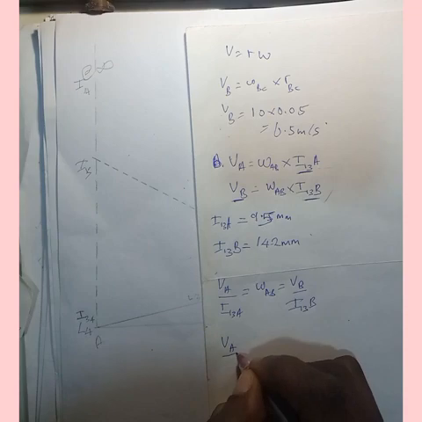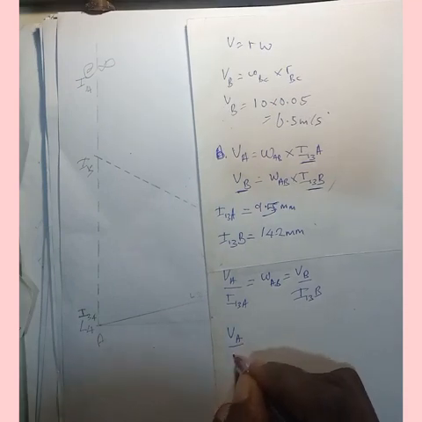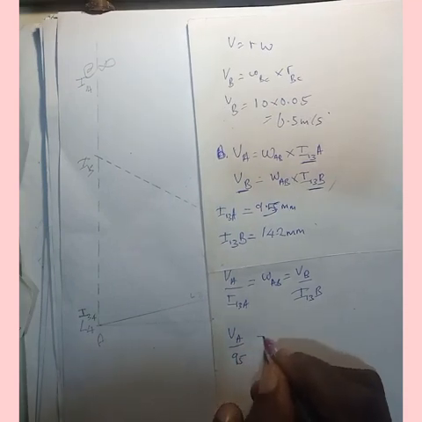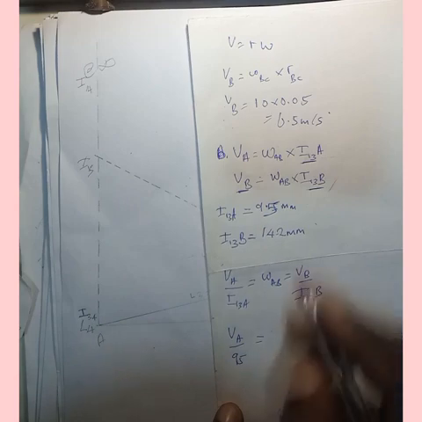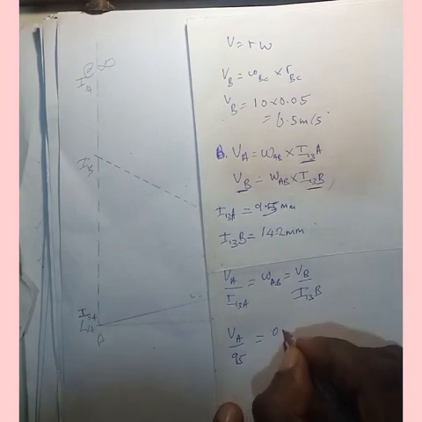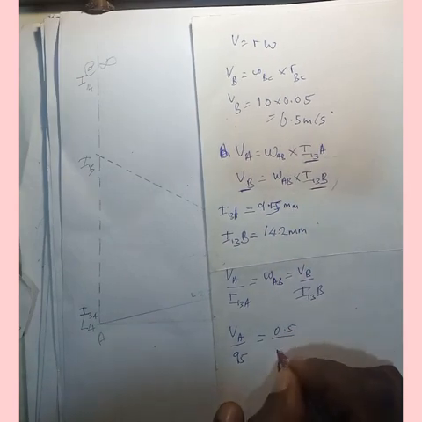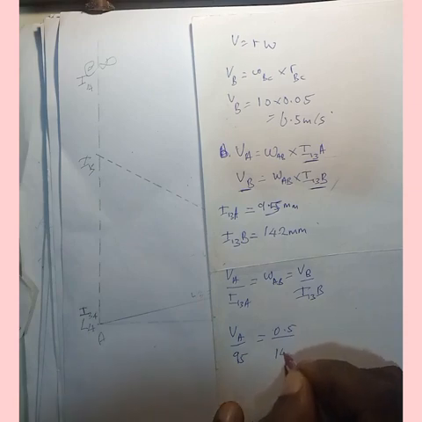So now put in the values. VA over I13A, 95, is equal to, we already calculated our VB as 0.5. We know our I13B as what? 142.